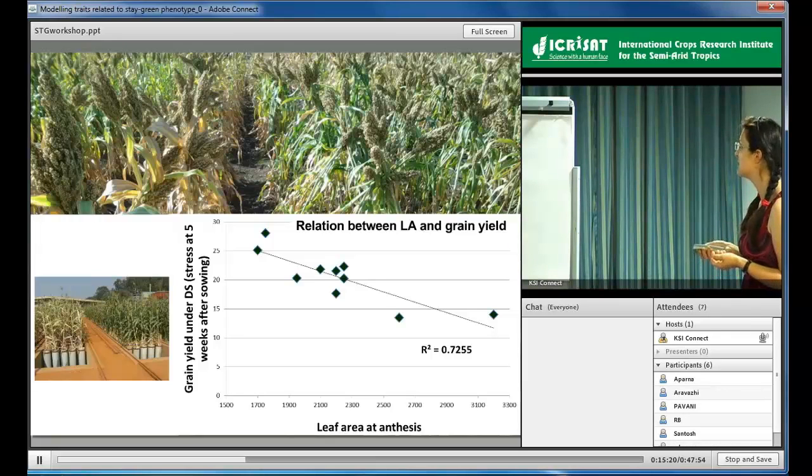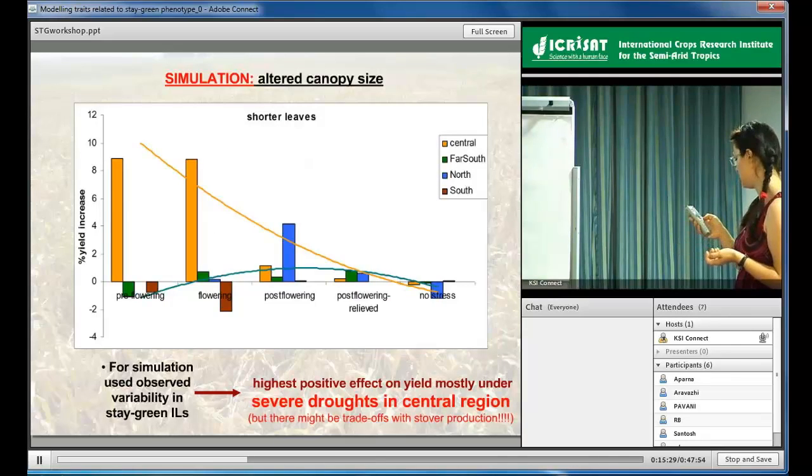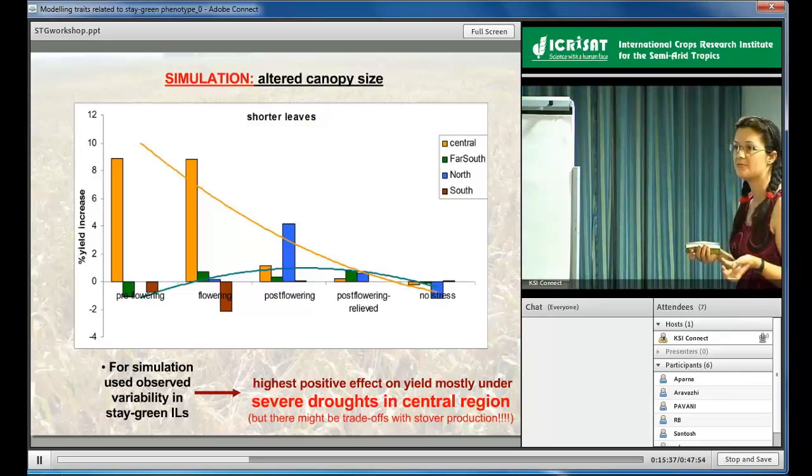And these data are from our lysimetric system. So now let's see what happened when we simulated this trait across the Rabi sorghum tract. Here you can see that there is a very different effect of this trait in various zones of our Rabi sorghum tract.